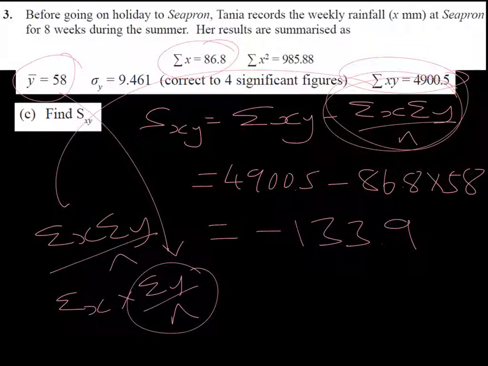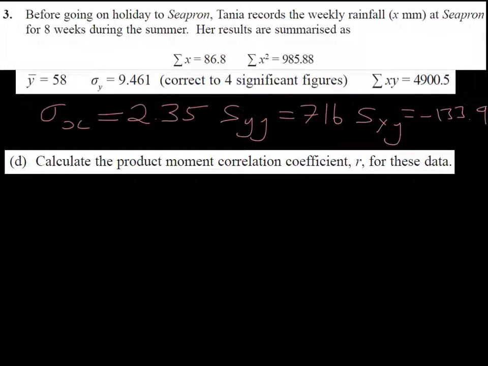We've been given a lot of information in this question, and we've also calculated a lot as well in the earlier parts of this question. We've now got to put it all together in order to work out the product moment correlation coefficient R for this data. So again, this is really a question of just throwing the numbers into the formula.